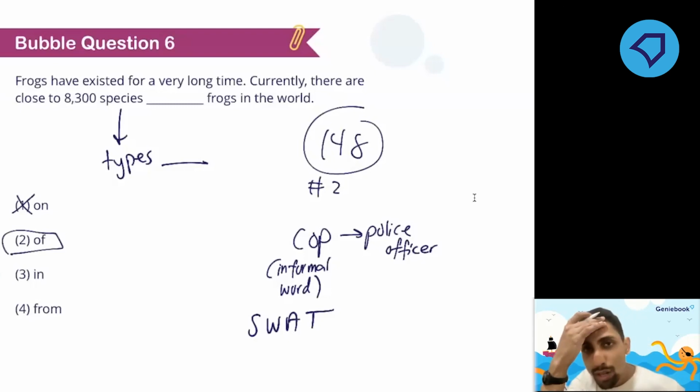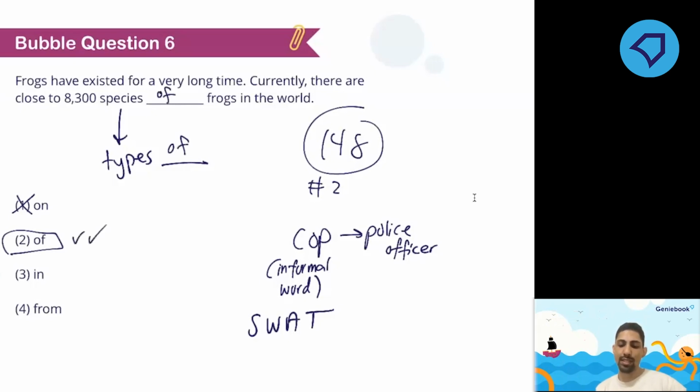If you're not sure, try all the words and you'll realize only one of them makes sense. You wouldn't say types on frogs, types in frogs, types from frogs, only types of frogs. Likewise, species of frogs. This is the answer. Are we cool?